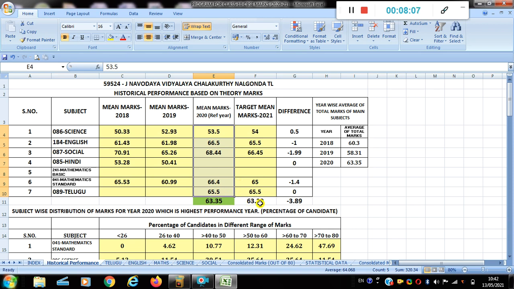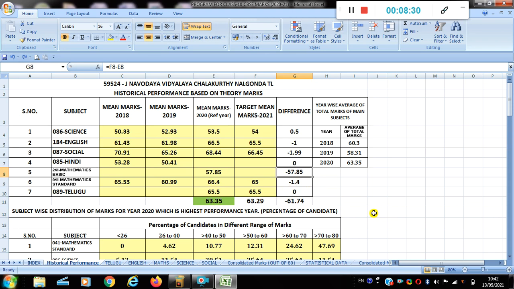So that 64.068 must be decreased to 63.35. That is why again I should decrease the target mean marks. Right, just let me undo the things.